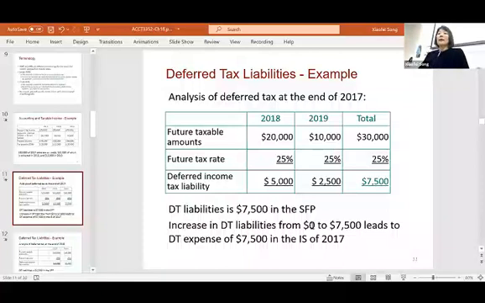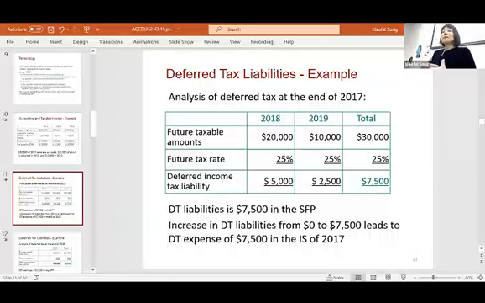Okay, so that means a credit to deferred tax. DT here means deferred tax. Credit deferred tax liability 7,500, and we will debit deferred tax expense 7,500. So this is the asset and liability approach at work, right? The asset-liability approach means changes in the assets and the liabilities are your revenue or expense or gains and losses.